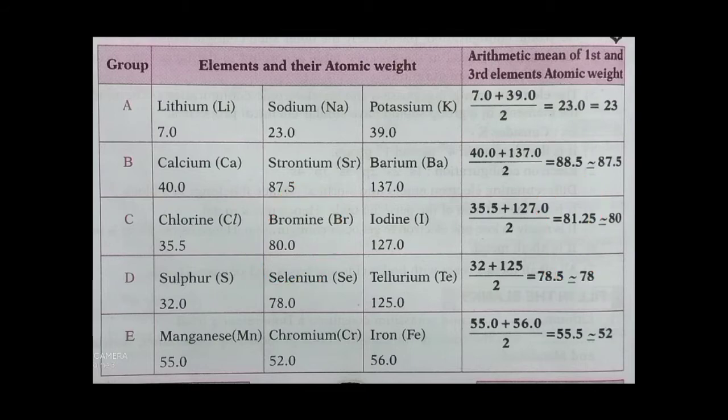If you apply the same rule for the remaining elements, it is not valid for the remaining groups of elements. But he found that in each group they have the same kind of chemical properties. In this way, he tried to give the relation, but the rule failed for the remaining groups.